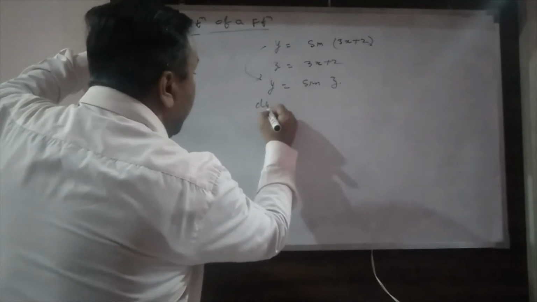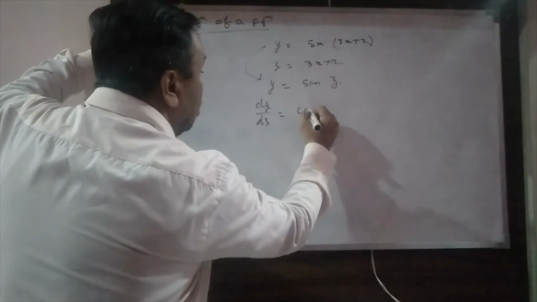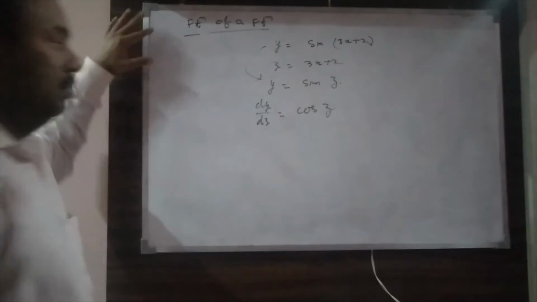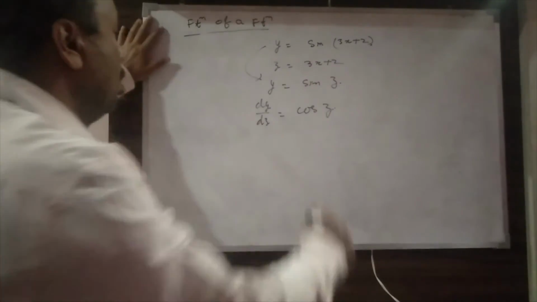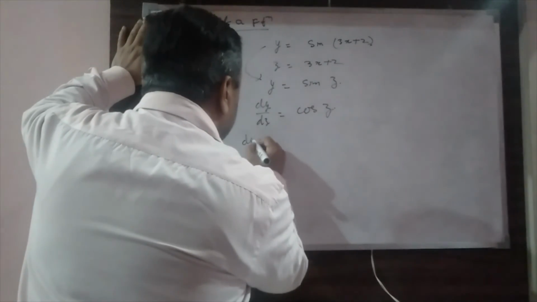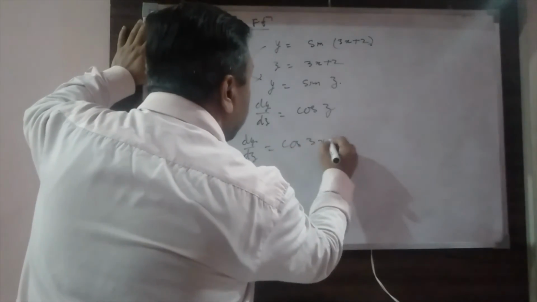So dy by dz will be equal to what? Cos z. Okay, dy by dz will be equal to cos z. So cos z means dy by dz is equal to cos of 3x plus 2. But this is dy by dz.